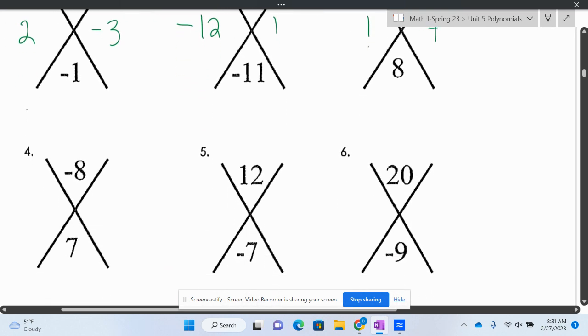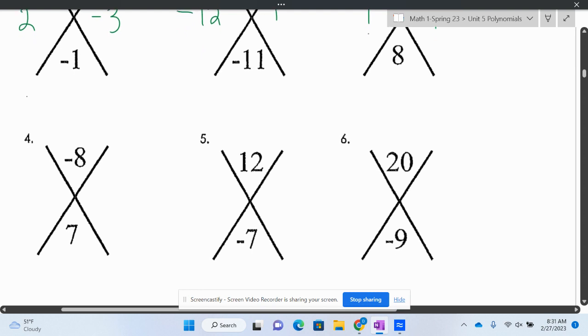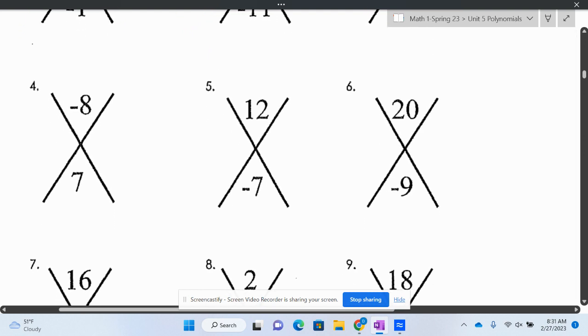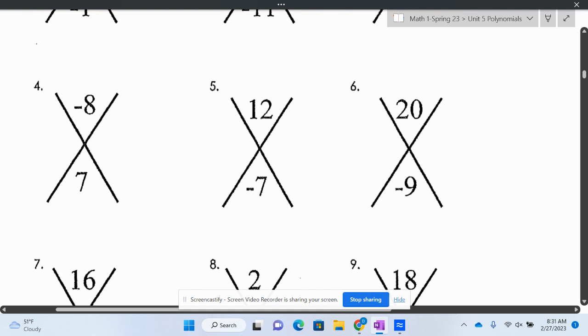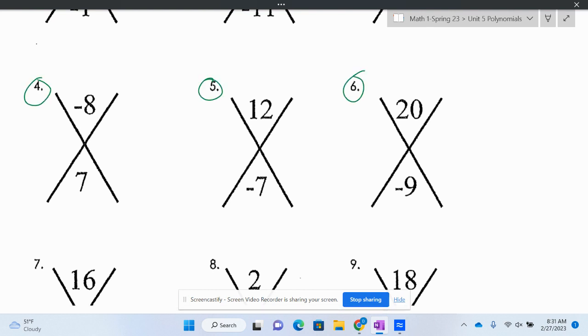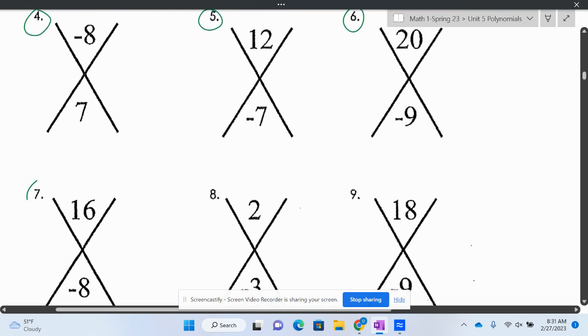Okay. Do you guys understand what you're doing? So you have 4, 5, 6, 7, 8, 9. You're going to complete these. They should be very quick.